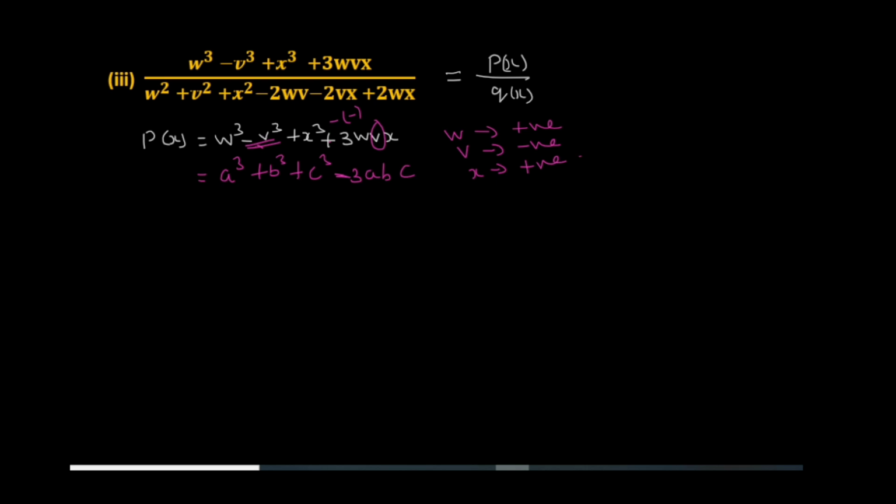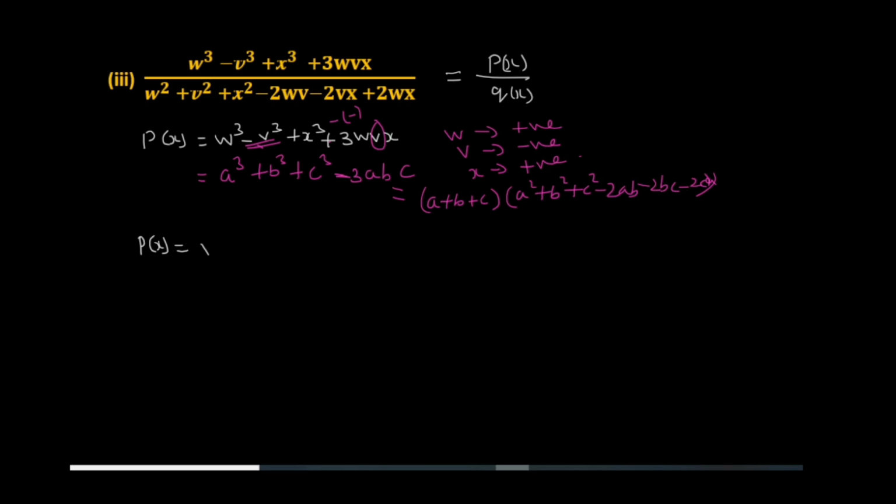So it can be written as a cube plus b cube plus c cube minus 3abc is equal to a plus b plus c into a squared plus b squared plus c squared minus ab minus bc minus ca. Here we have v negative.